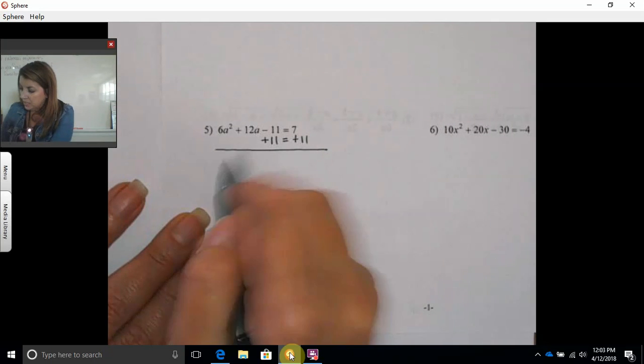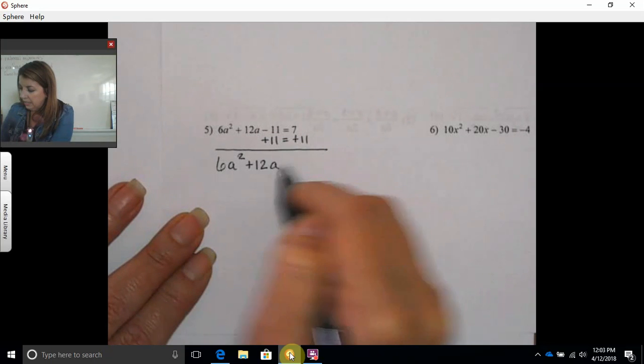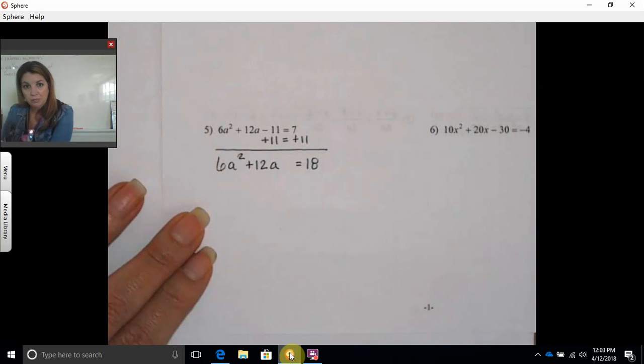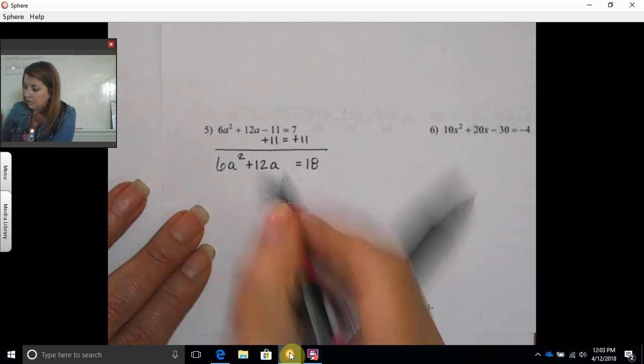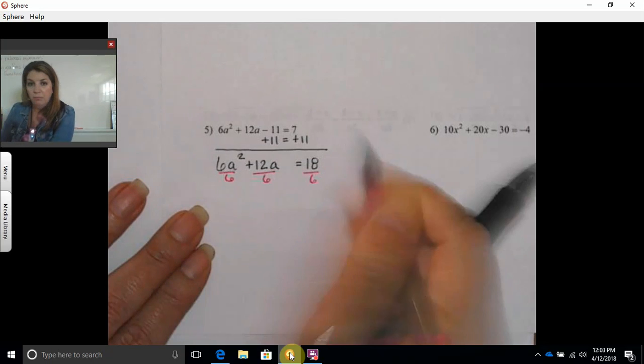So we have 6a squared plus 12a equals 18. Make sure all your constants are on the right. They might already be on the right. If they are, great. Go to the next step. Then, if a is any number other than 1, you have to divide every single term by a.